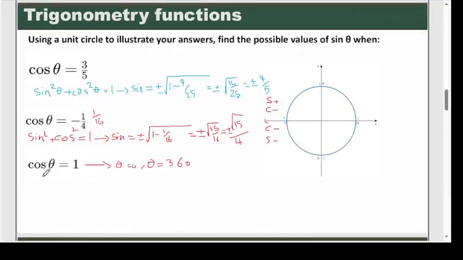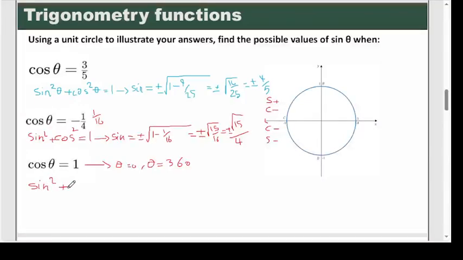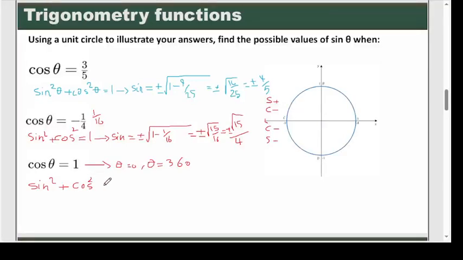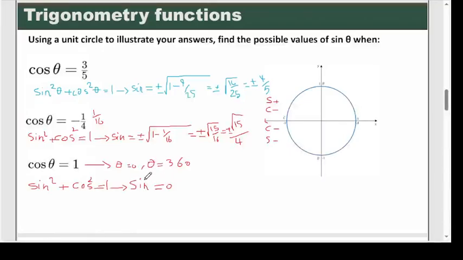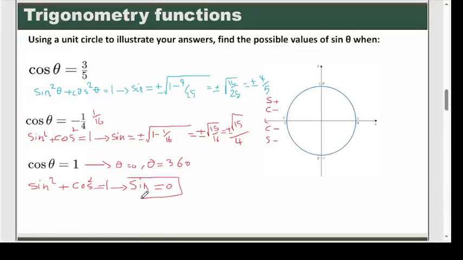But when I have it, I say sine theta to the power of 2 plus cosine to the power of 2 equals 1. I substitute 1 in this equation, so sine would be 0. The value of sine theta would be 0.